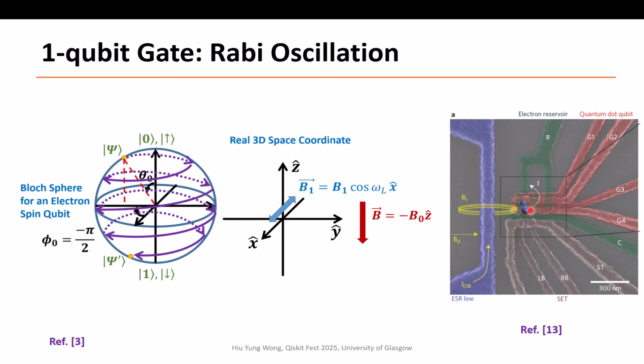So this electron will feel an oscillating magnetic field in the perpendicular direction, into the screen that you are looking at. And the external magnetic field is pointing to the right. So they are orthogonal to each other. So with this, I can implement any one qubit gate for the spin qubit.